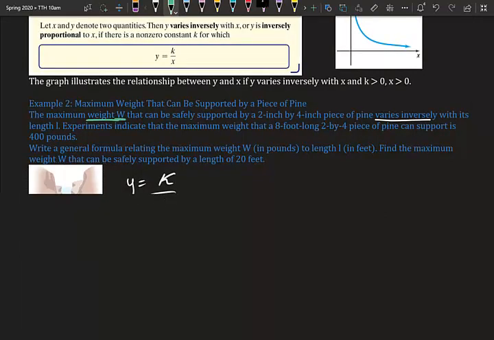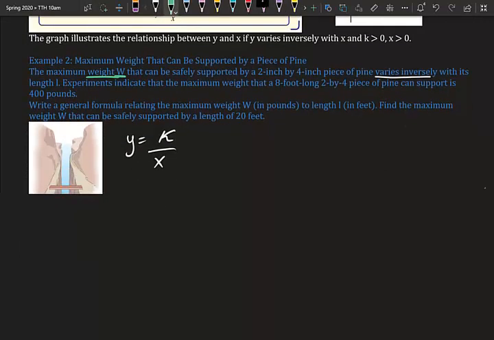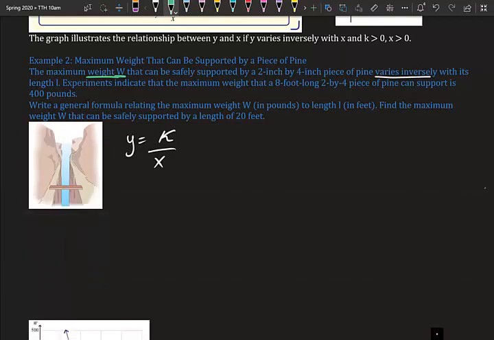So we have W equals k over, and the second part after varies inversely is the length L. So our model is going to be represented by W equals k over L. So we need to figure out our constant.